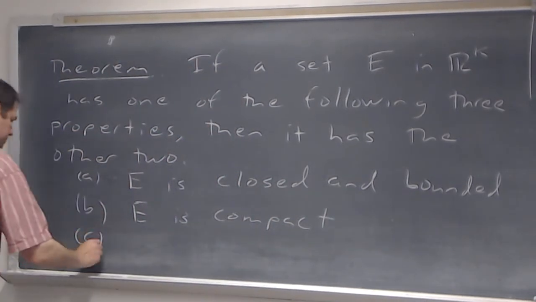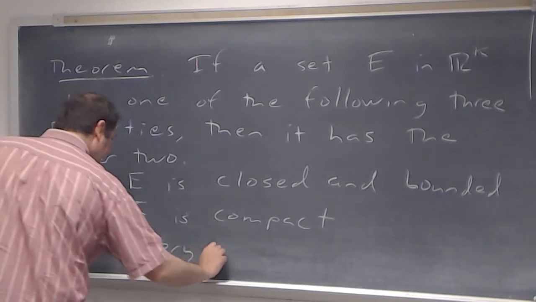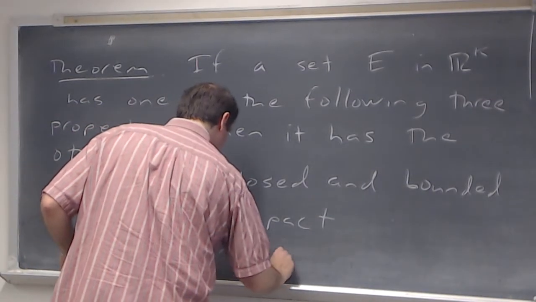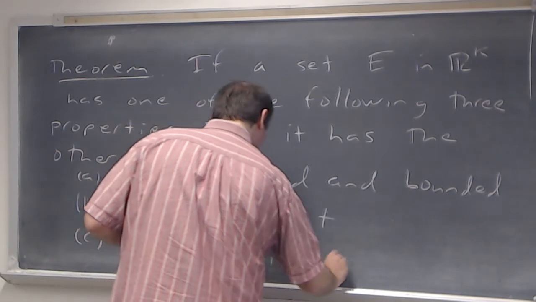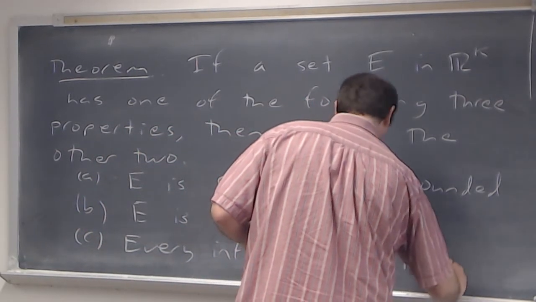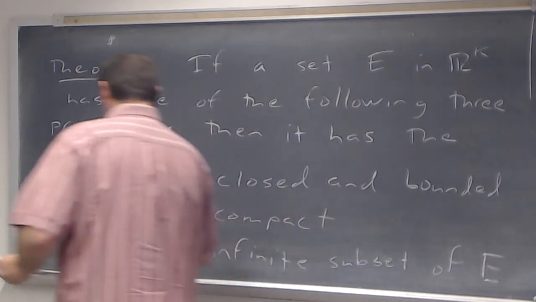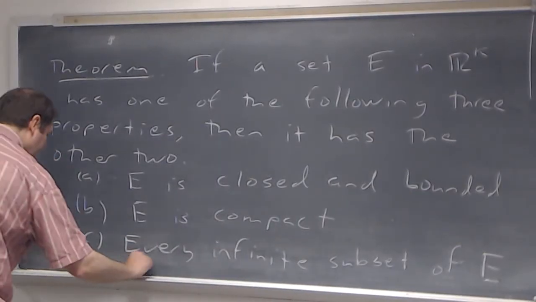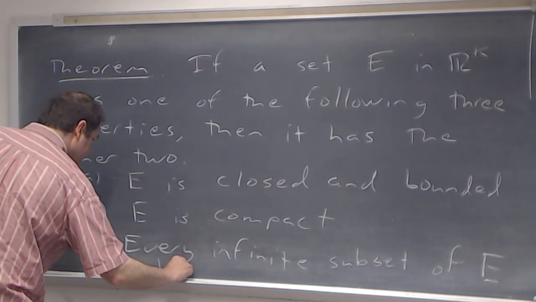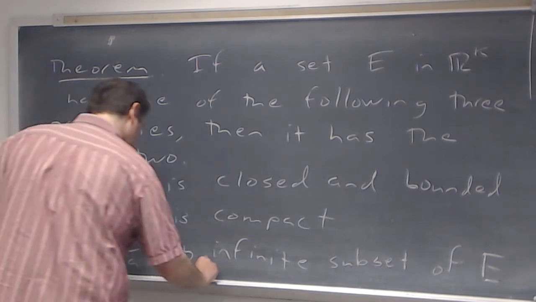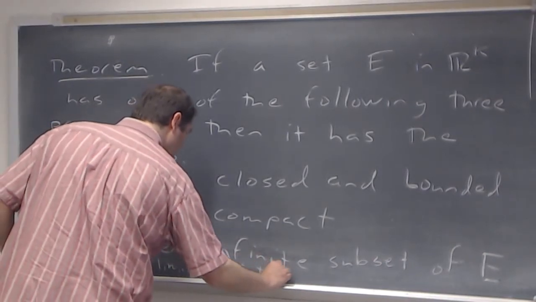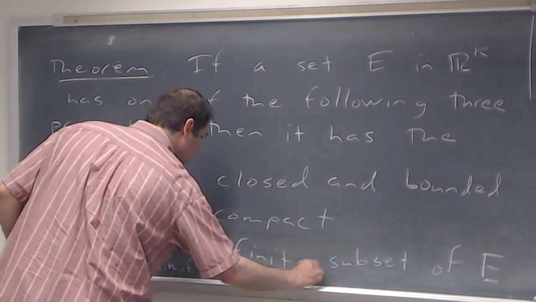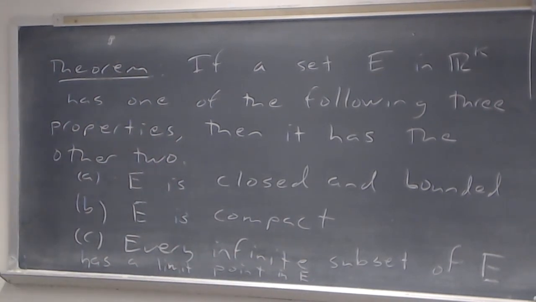And C, every infinite subset of E has a limit point in E. We had shown that A implies B and B implies C. What we need to show is that C implies A, and it's a longer part of this proof.